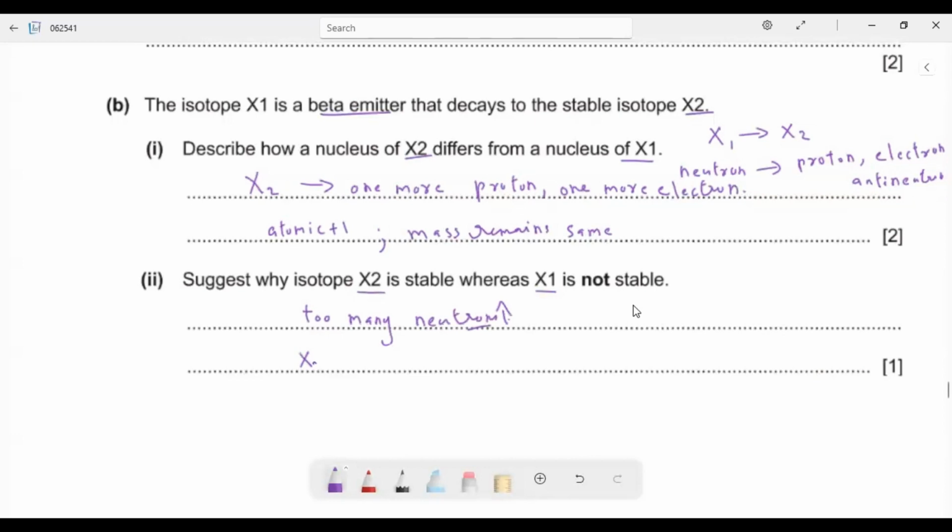And when you're taking X2, it is stable because it attains a more balanced neutron to proton ratio. In the case of X2, balanced neutron to proton ratio is achieved. That's why it's more stable.